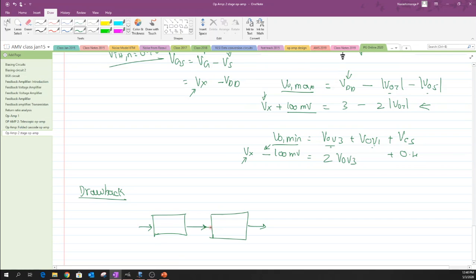Each stage will have one or two poles, and when we try to cascade too many stages, even though we are trying to attain a very large gain, the overall transfer function between Vin and Vout will have too many poles.